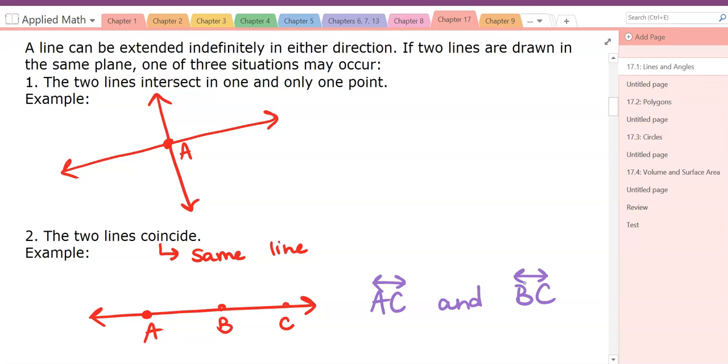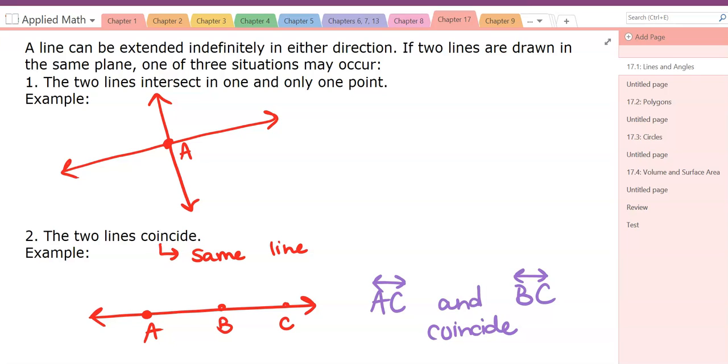They're on the same line there. They all share those points. This would mean that if I was solving a system like this, I would get the same equation twice, so they would share all points. They would have an infinite number of solutions, because any point that's on one line is going to be on the other one if they're the same line. So they're going to share all of those points.